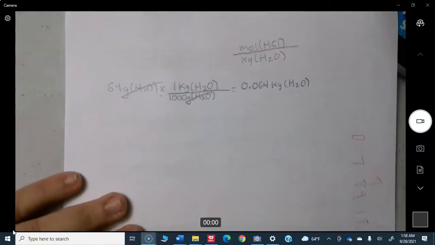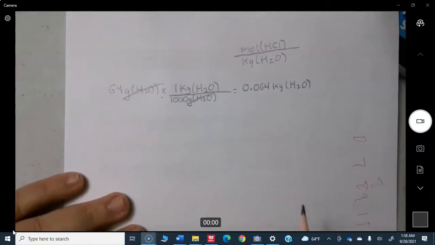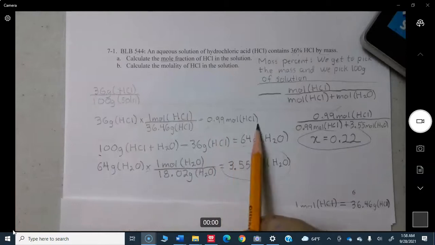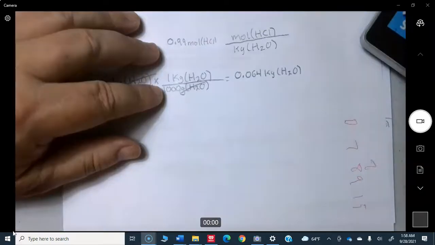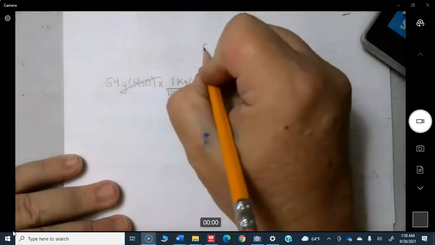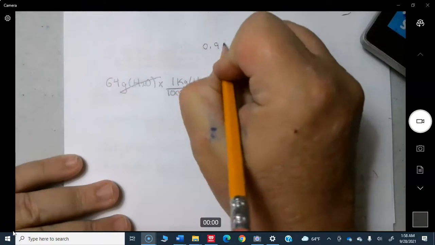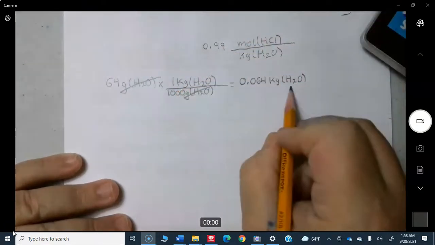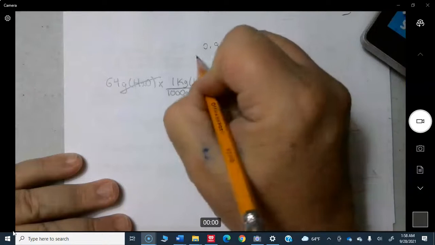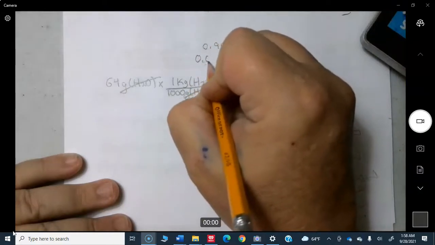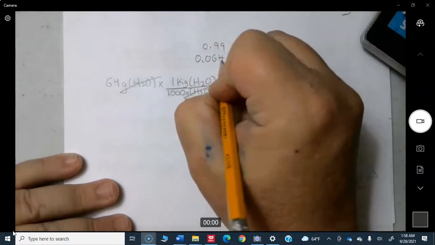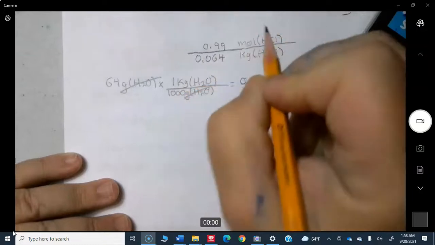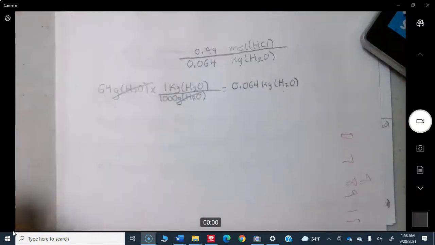So now we can just come up and plug those numbers in. We have 0.99 moles of HCl. Okay, so over here, 0.99 for moles of HCl. And there's our kilograms of H2O. Okay, and we just do the division on that.